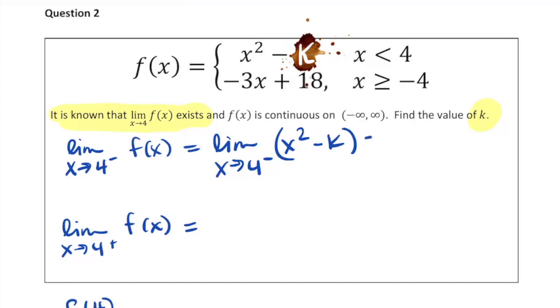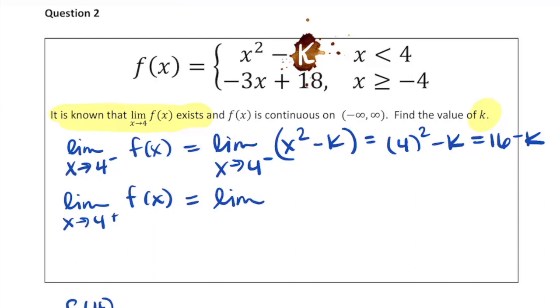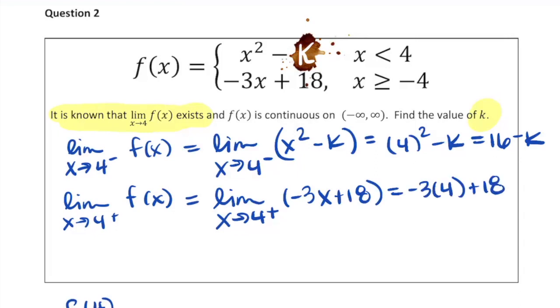So we'll just substitute in a 4, and we get 16 minus k. Then we're going to do the same thing for the right-hand limit. As we approach 4 from the right, we'll be using our second piece of the piecewise: negative 3x plus 18. And that will simplify to negative 12 plus 18, which is 6.